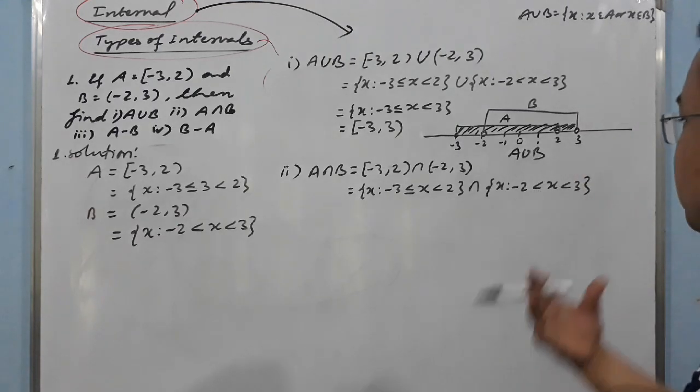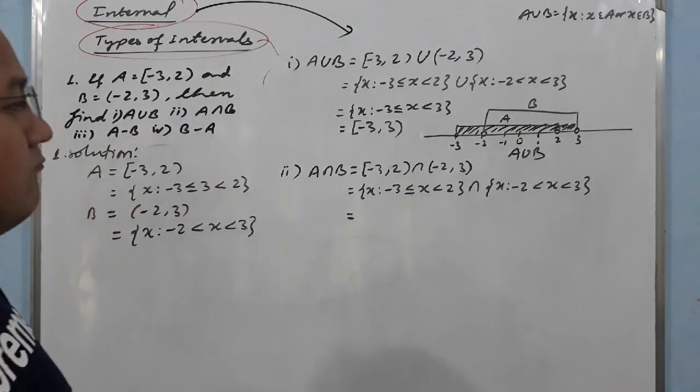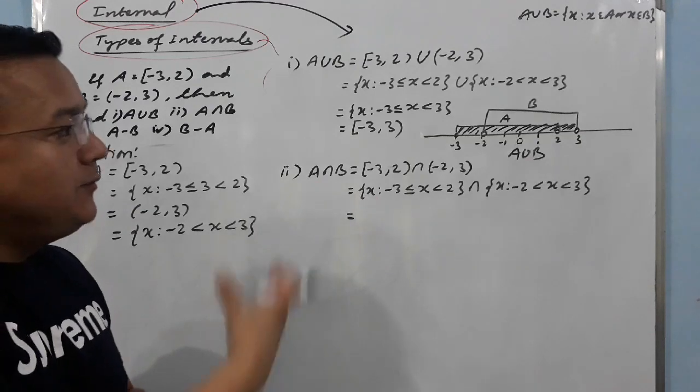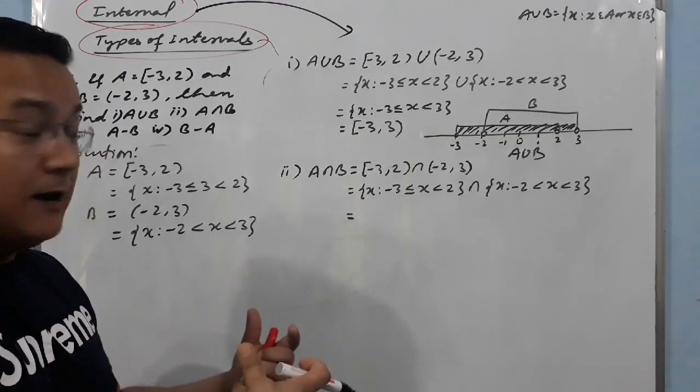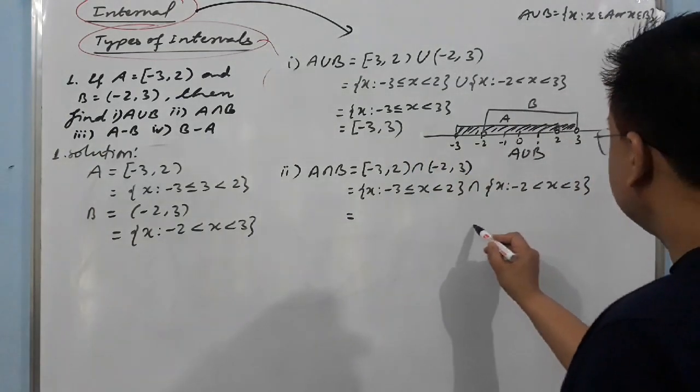Sometimes I say minus, ignore that, actually it is negative 2. Now what will come? If you draw the graph, it will be easy to understand. So let's draw again for this.